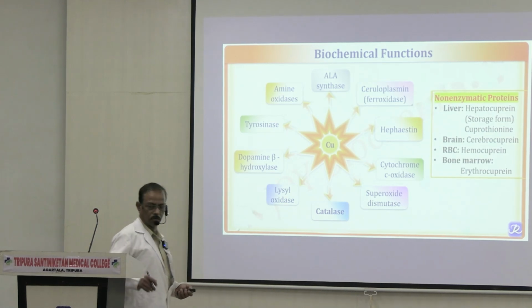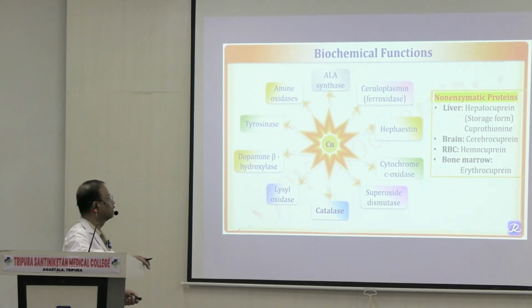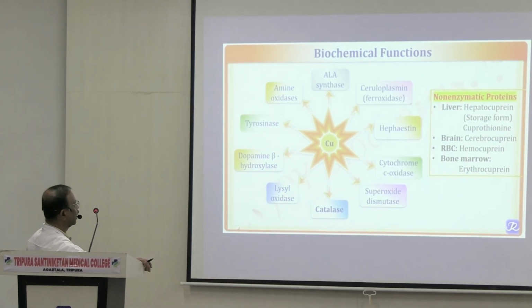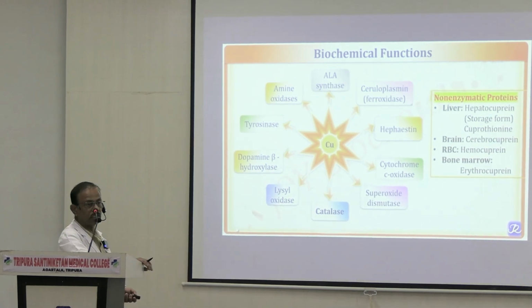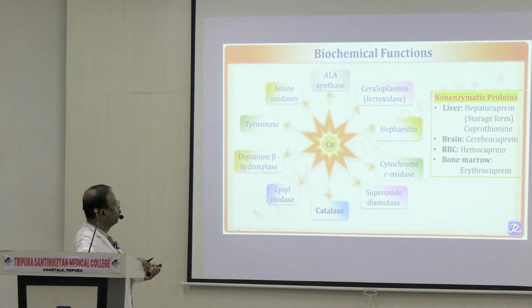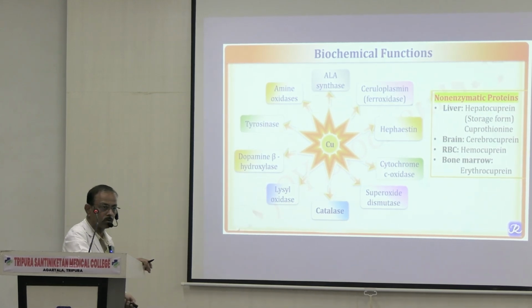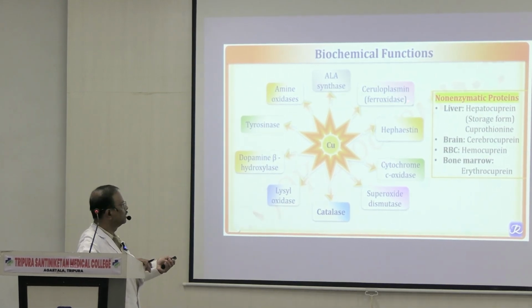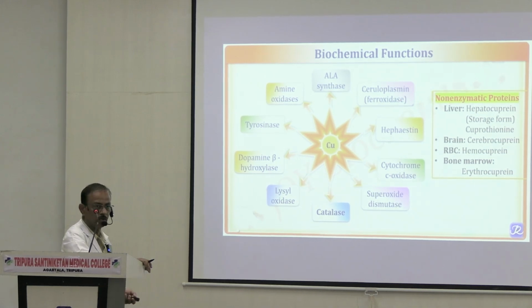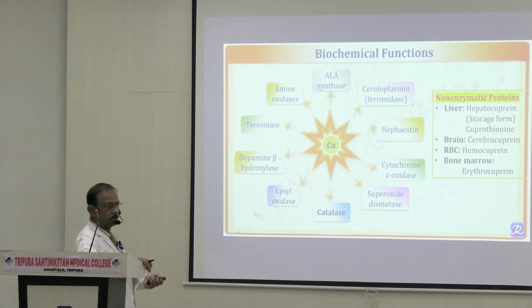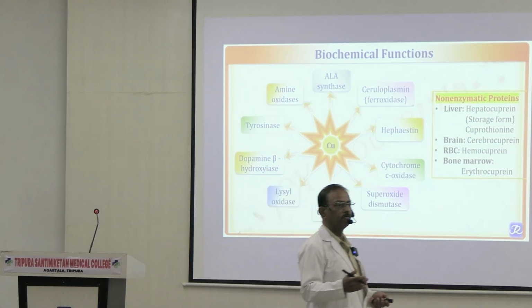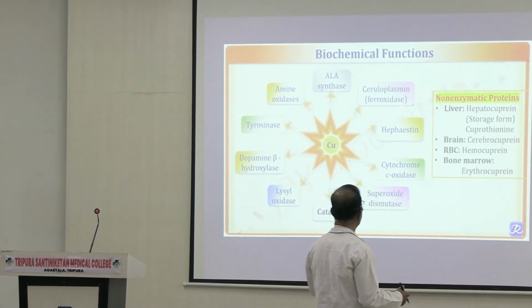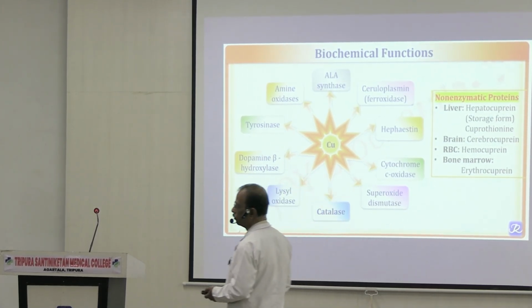Biochemical function: it is an important component of ALA synthase, so it is responsible for hemoglobin synthesis. Ceruloplasmin is important for iron carriage because it is a ferroxidase, converting ferrous ion to ferric ion in the plasma.